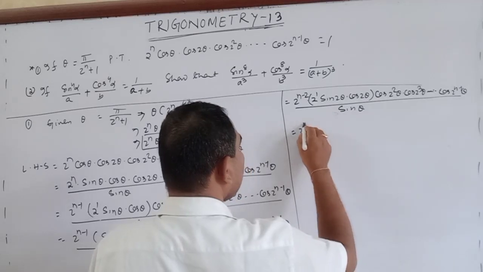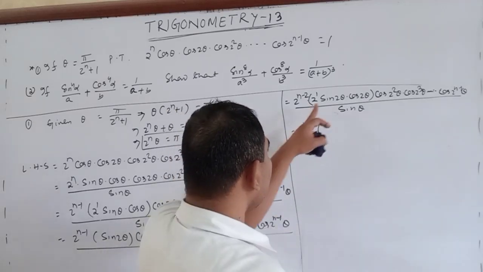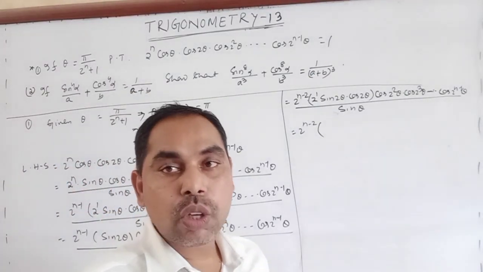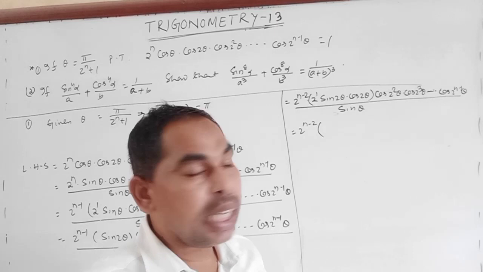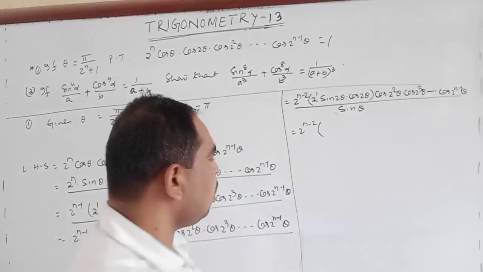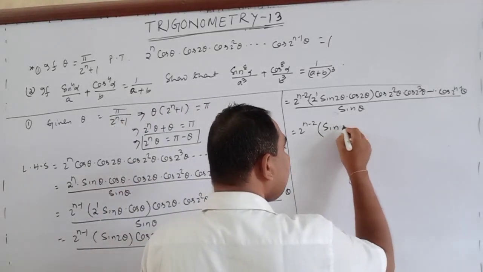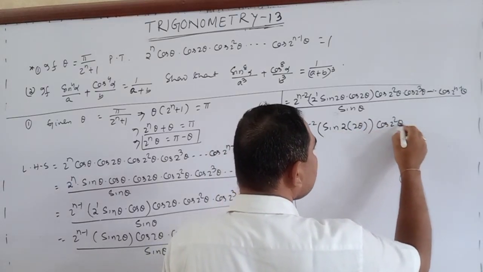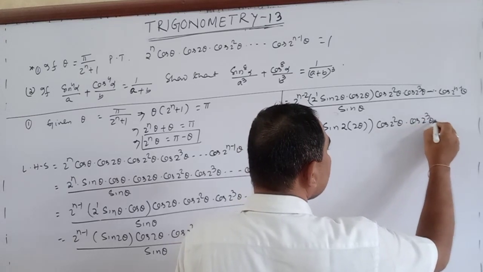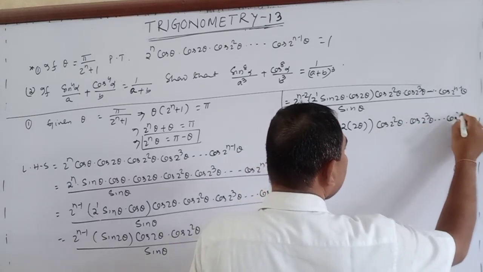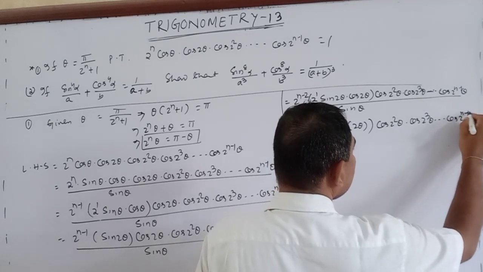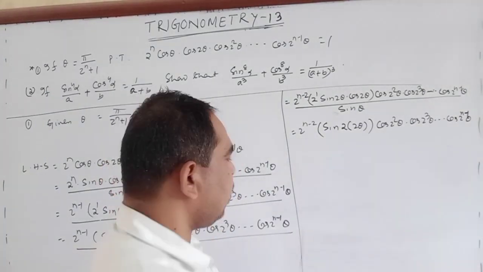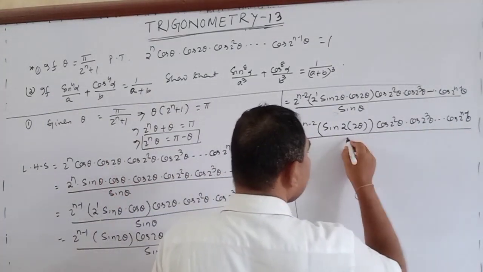Here 2 sin a into cos a means sin 2a, so here a means 2 theta, giving sin 4 theta.